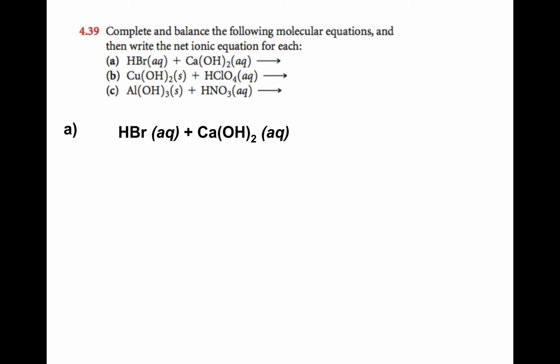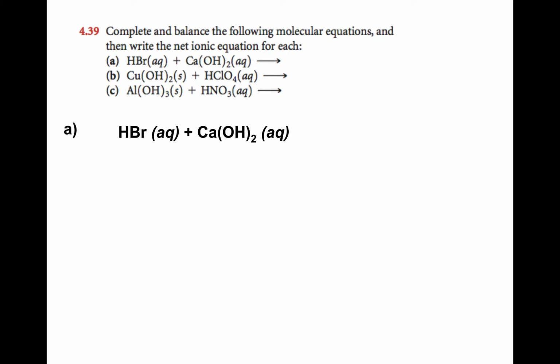All right, so A, B, and C here are examples of acid-base reactions. Hydrobromic acid reacting with hydroxide, perchloric acid reacting with hydroxide, and nitric acid reacting with hydroxide. Hydroxide is the base here. It's matched up with a cation that is either locked in with a solid or aqueous.